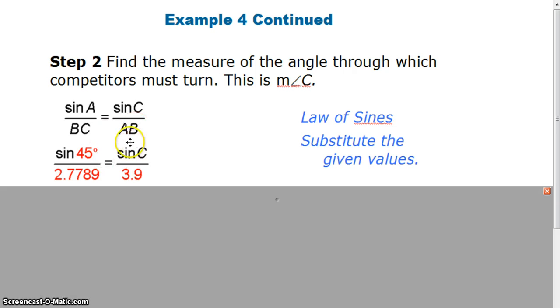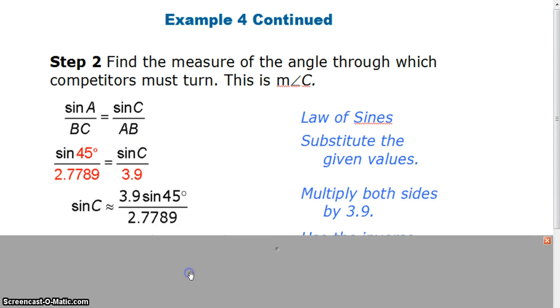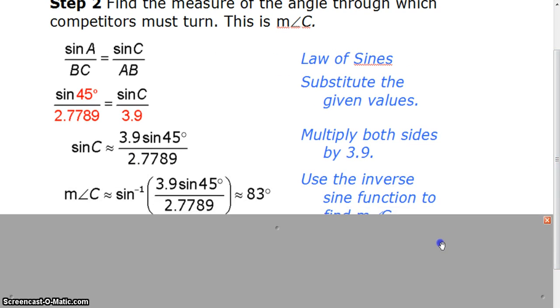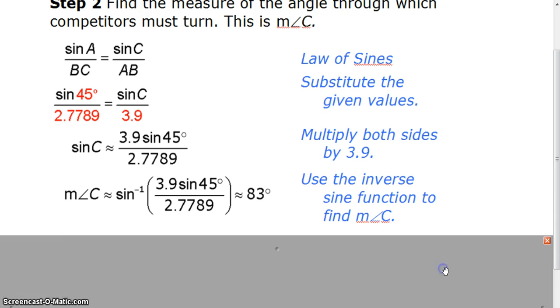And we're going to take the inverse of sine C in order to find the actual angle C. So if sine C equals that, we take the inverse of that to get the measure of 83 degrees. Is that what you got?